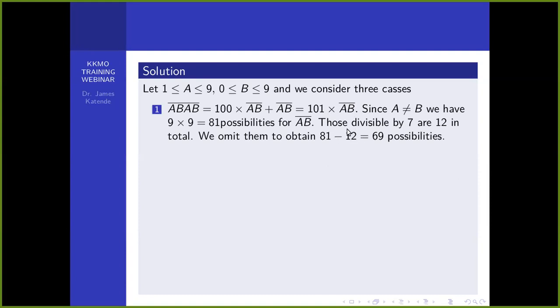You could count them, there'll be 12 in total, but we don't want them in there. So we subtract them from the 81 to get 69 possible cases of such numbers which are divisible only by 101 and not by 7. So that's one case.